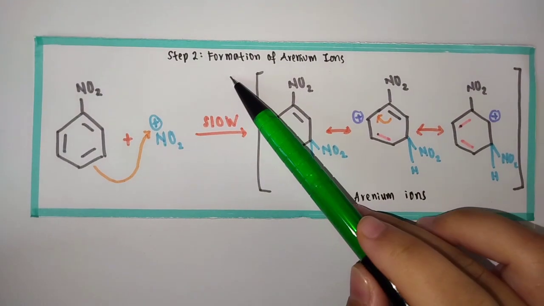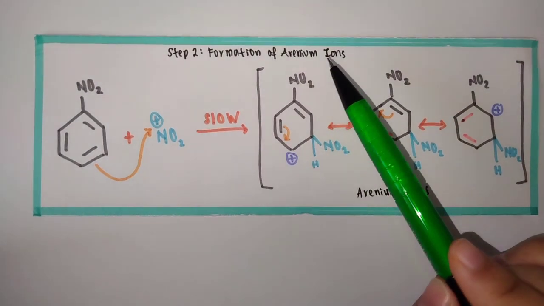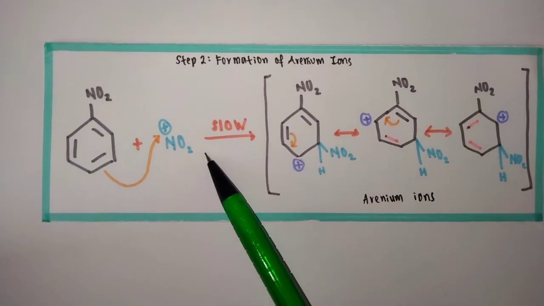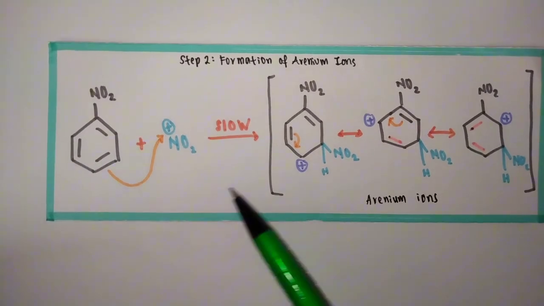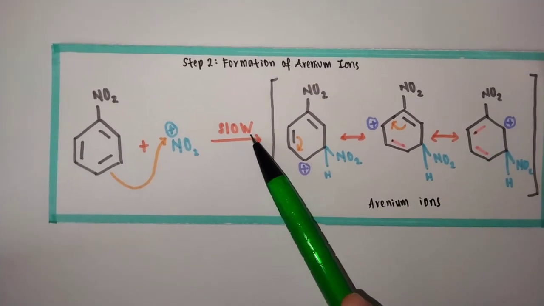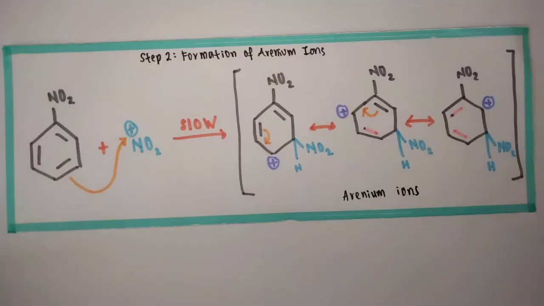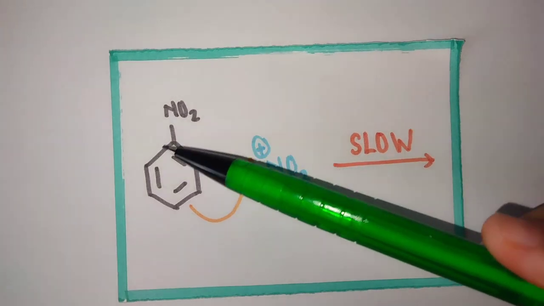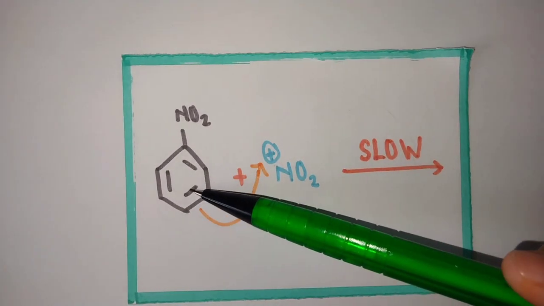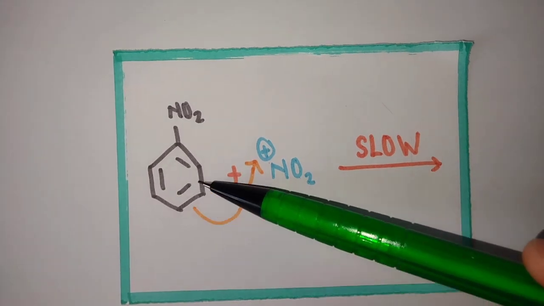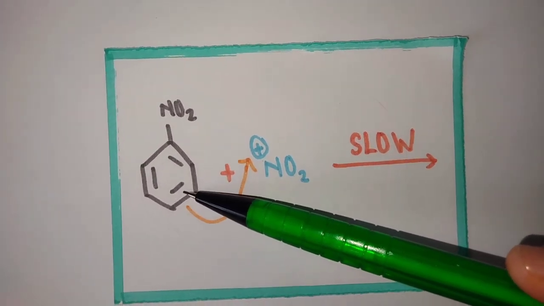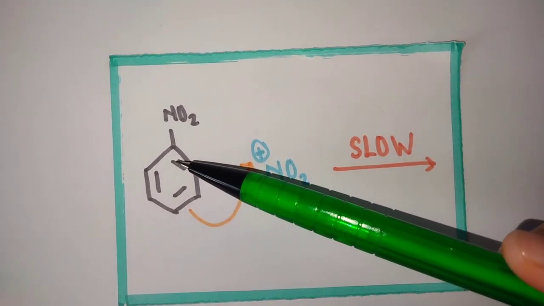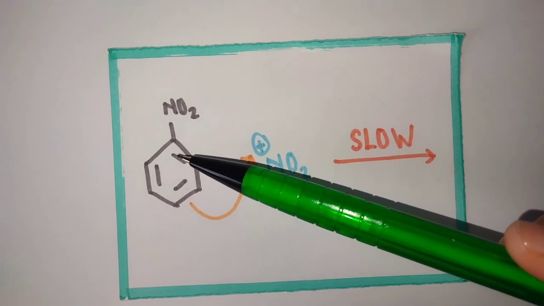So move on to the next step, which is the formation of the arenium ion. This reaction is a slow reaction. I will explain it later. Just a reminder, it is better for us to draw the benzene ring like this so that we can see the double bond, the pi bond, clearly. Okay, so this nitrobenzene acts as a nucleophile with its delocalized pi electron cloud.